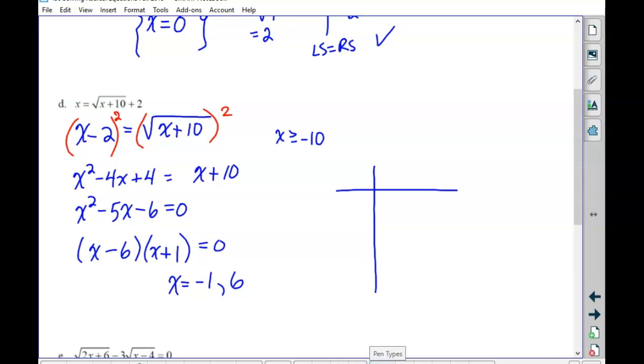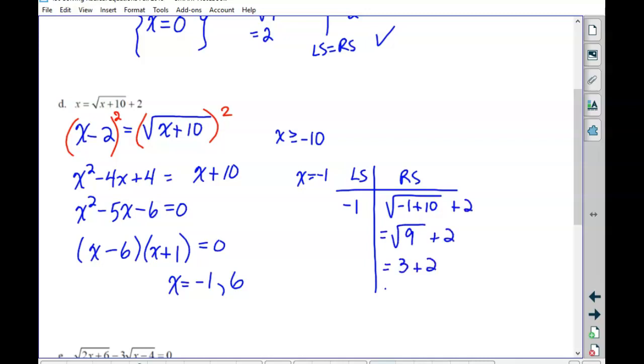So x is negative 1 here. Negative 1 plus 10, square rooted, plus 2. So you'll notice that that doesn't work. So left side is not equal to the right side. So that's extraneous.